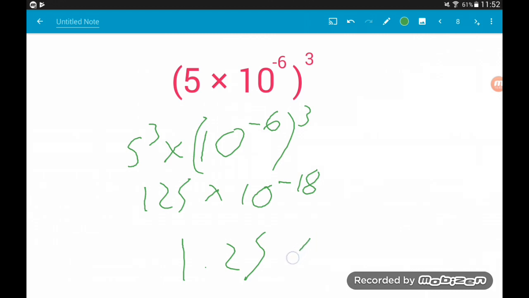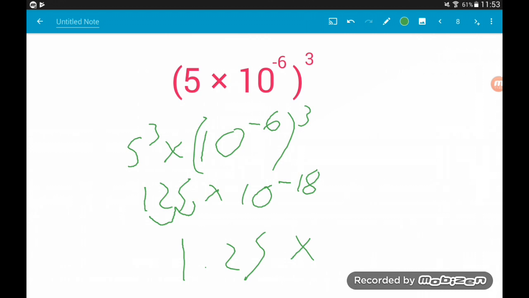Now what have we done to 125 to turn it into 1.25? Well, we've divided it by 100. Or we can think of it as the decimal point moving 2 places to the left. So we have divided by 2 powers of 10 to get to 1.25.